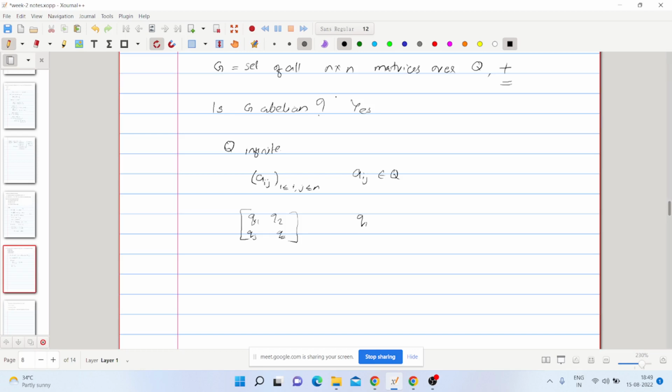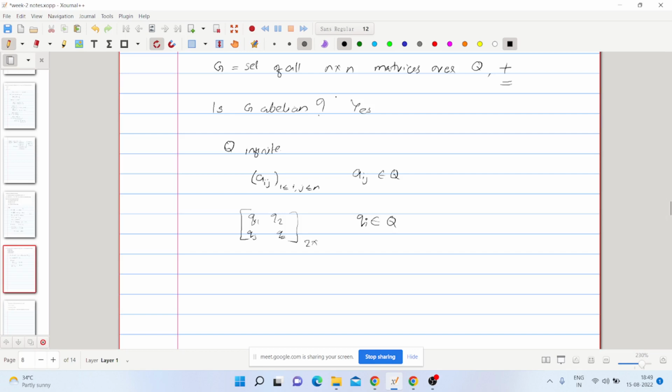Q1 is an element of Q. It can be any number in Q. So we have infinite possibilities for Q1. In the same way, Q2 also has infinite possibilities. Similarly Q3 and Q4. So corresponding to each element in Q, we will get an infinite number of matrices here, right?